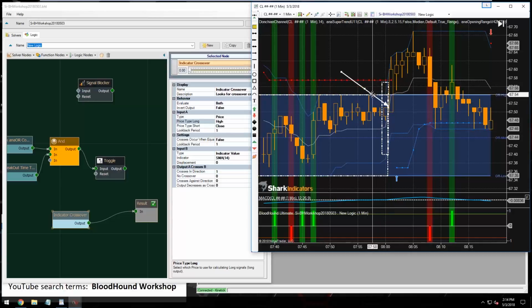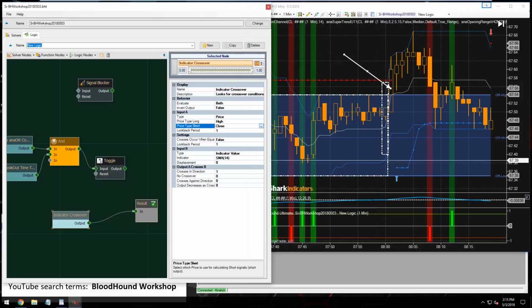So the bar could close inside the range, but one of the wicks could pop out and pick up that resting stop entry order. So we need to use the wick prices of the bar: the high for long, and the low for short.